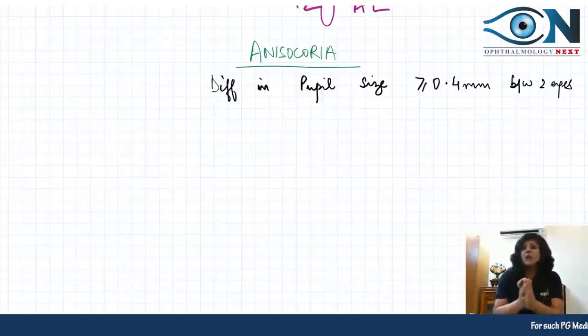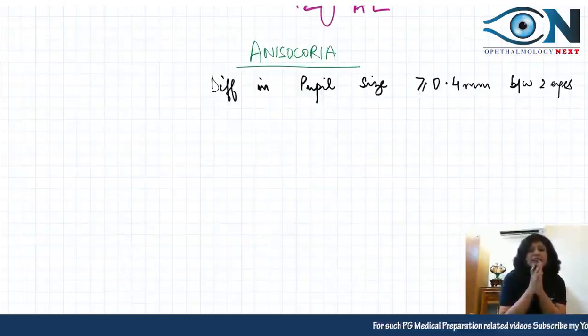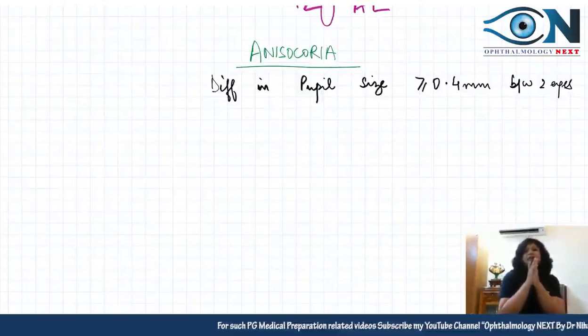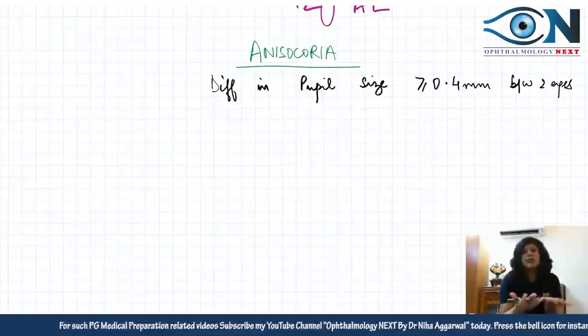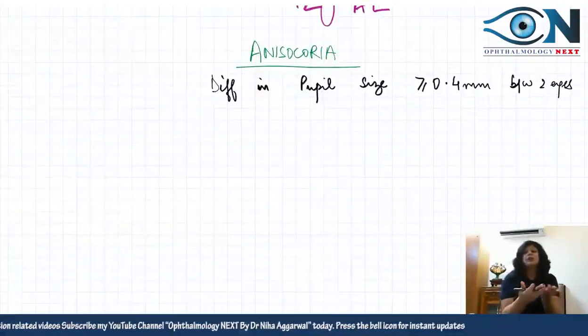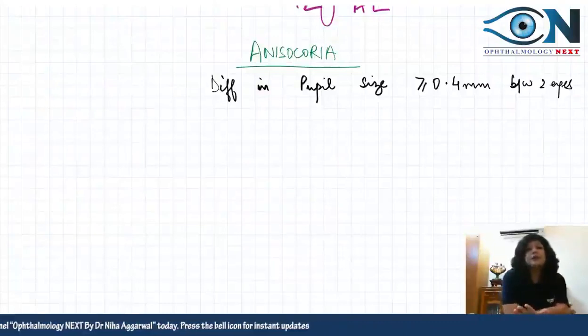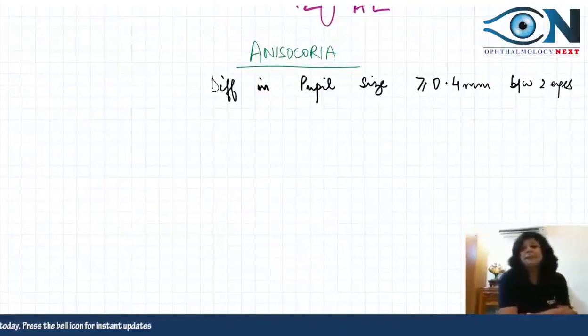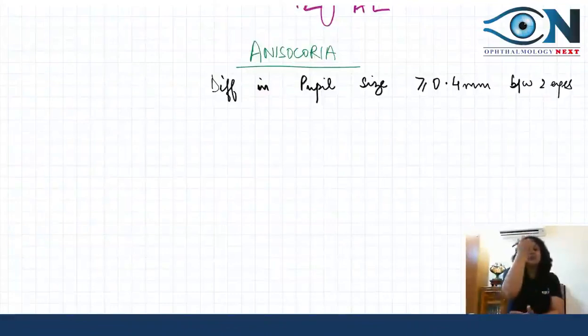Now suppose I want to check whether this anisocoria is due to third nerve palsy or Horner's palsy or the AR pupil, because many of the students have, I think, put a tick mark on the AR pupil also. So let us try to solve it.